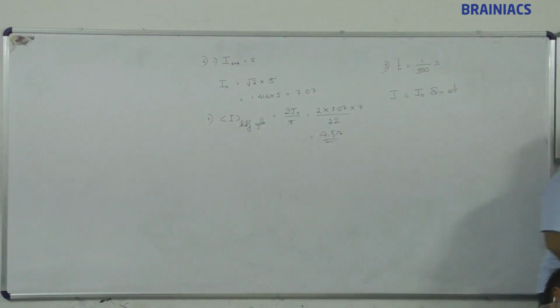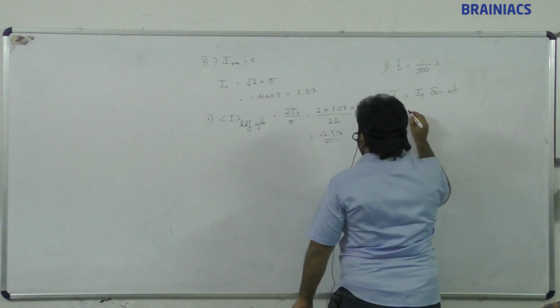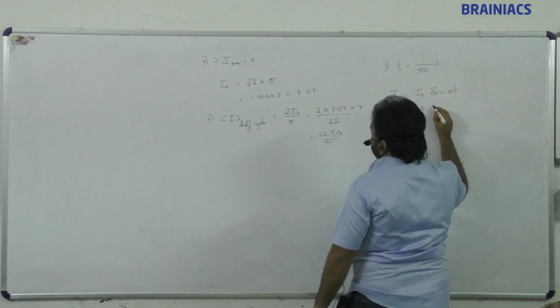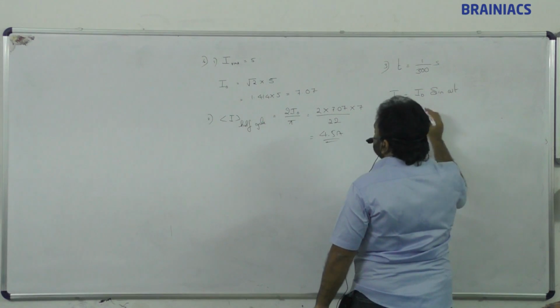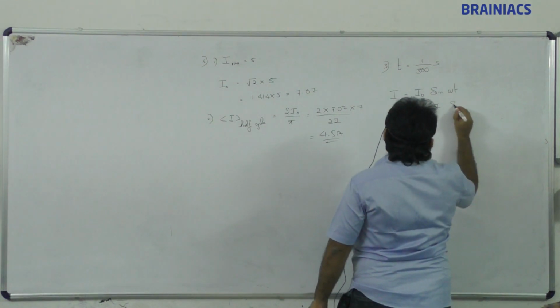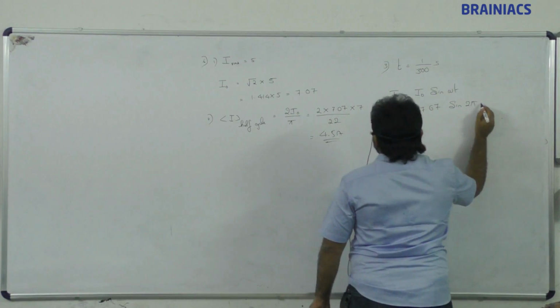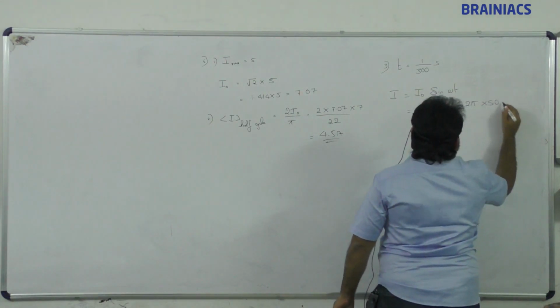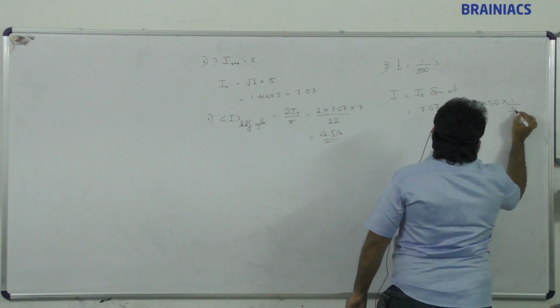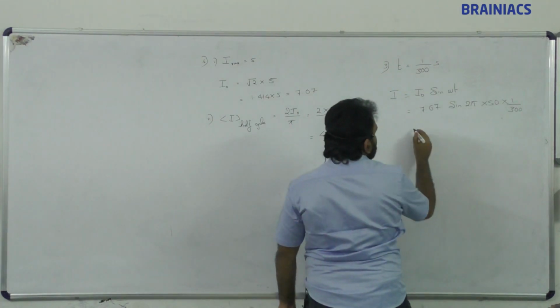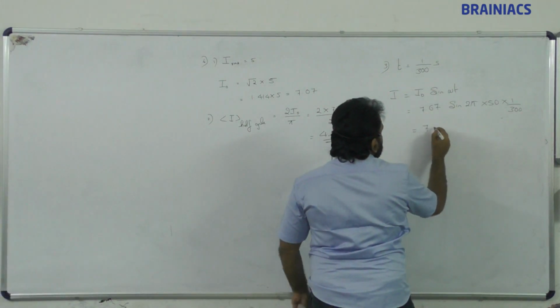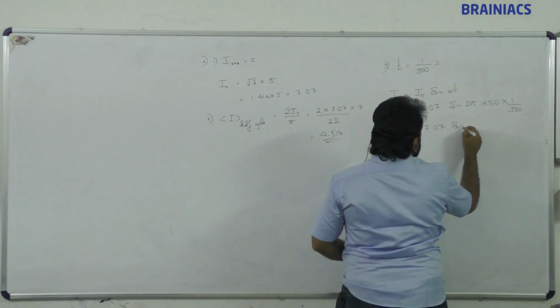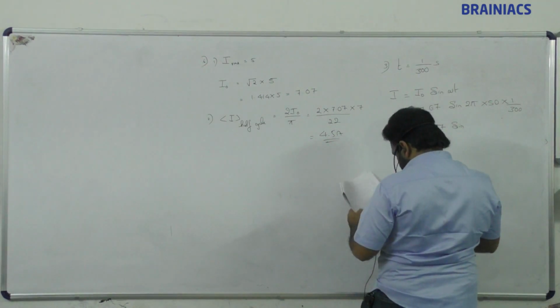I naught is 7.07 sine 2 pi, 50 is given. So 50 into time is 1 by 300. So 7.07 sine in terms of what will come?